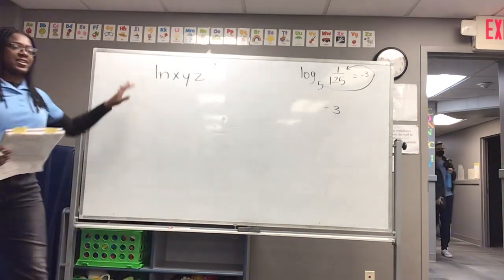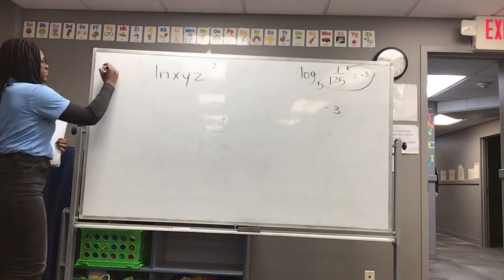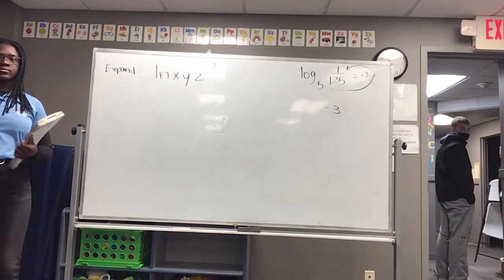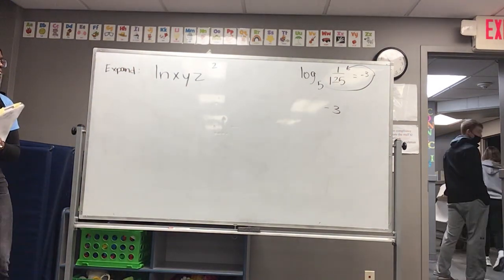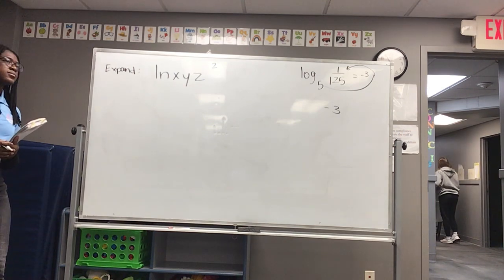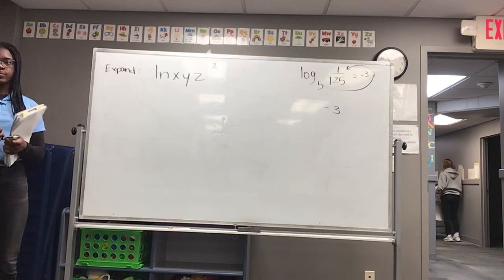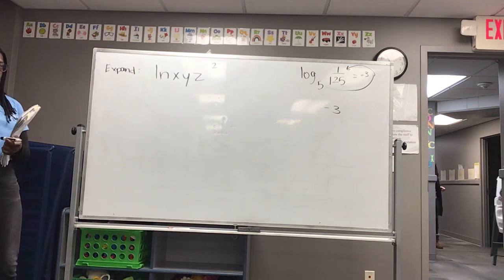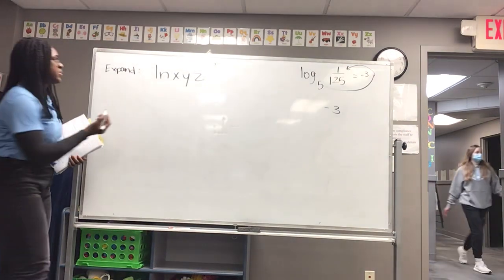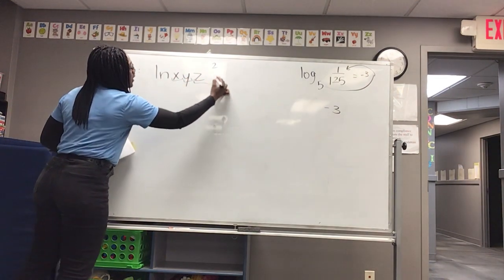So I'll have you guys expand this expression. Alright, so there's 3 terms, x, y, and z squared.